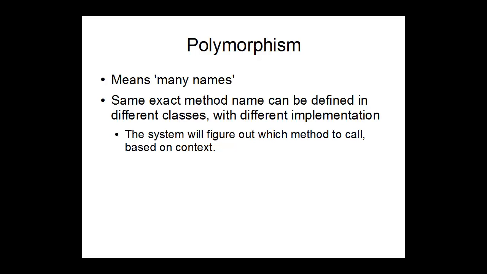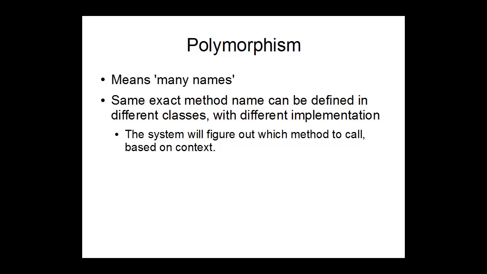Polymorphism allows you to define the same method name in every class, and the system will keep track of them. The term polymorphism means many names, but the idea is that you can have totally unrelated classes with the same method name inside, and these methods will have different implementations, different code in each class.